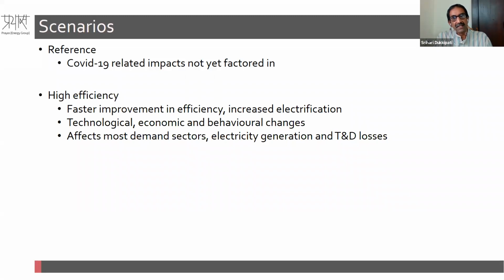Then we have a high efficiency scenario, where we assume faster improvement in efficiency and increased electrification in various sectors, specifically industry and transport. These changes are happening because of a strong policy push, due to which technological changes are happening. That is, the efficiencies of various appliances are improving, various generation technologies are improving, and T&D losses are coming down.